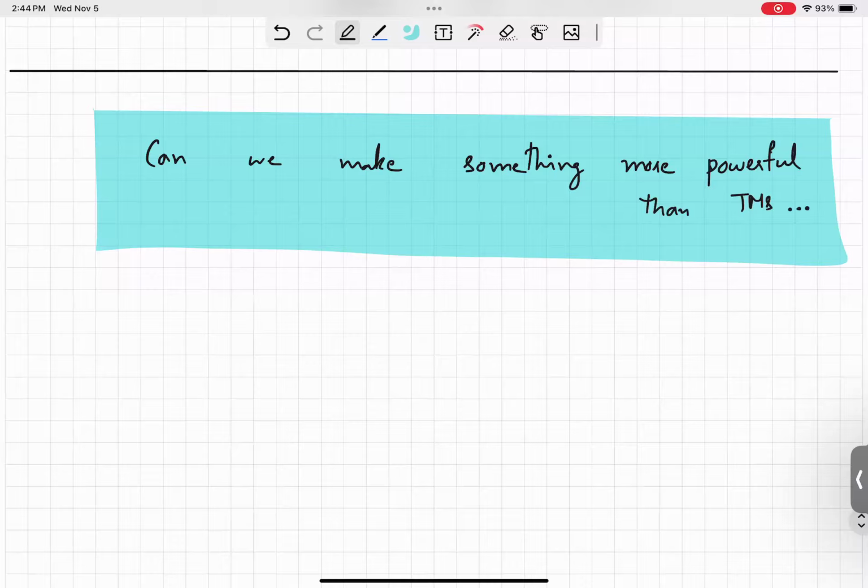If I ask you to design a definition, Turing machines were a simple extension of DFAs, right? I added read-write, I added the ability to go left and right. But imagine you were coming up with this definition, would you stop there? Do you think this is the pinnacle of computing power, or are there other things you can do?